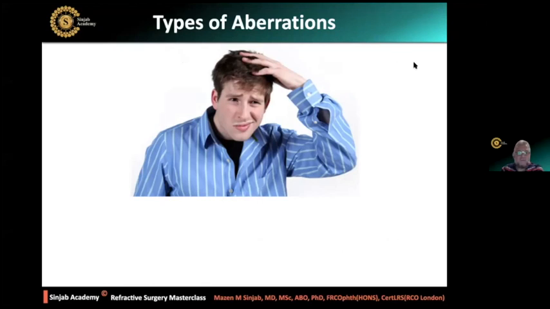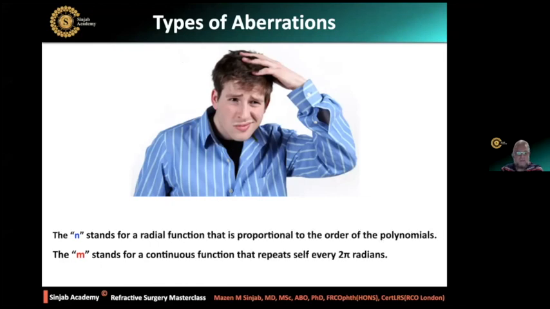Okay, let's repeat. The N stands for a radial function that is proportional to the order of the polynomials. And the M stands for a continuous function that repeats itself every 2 pi radians.